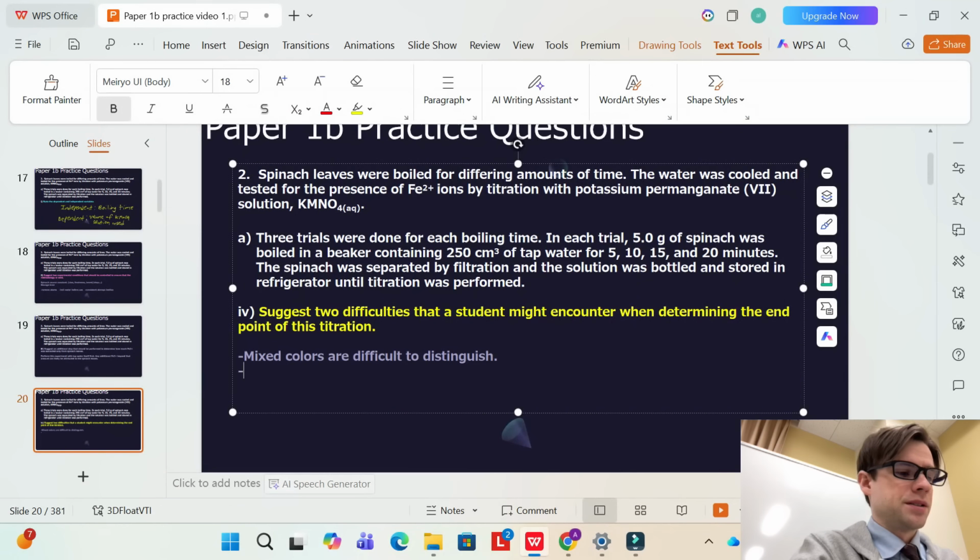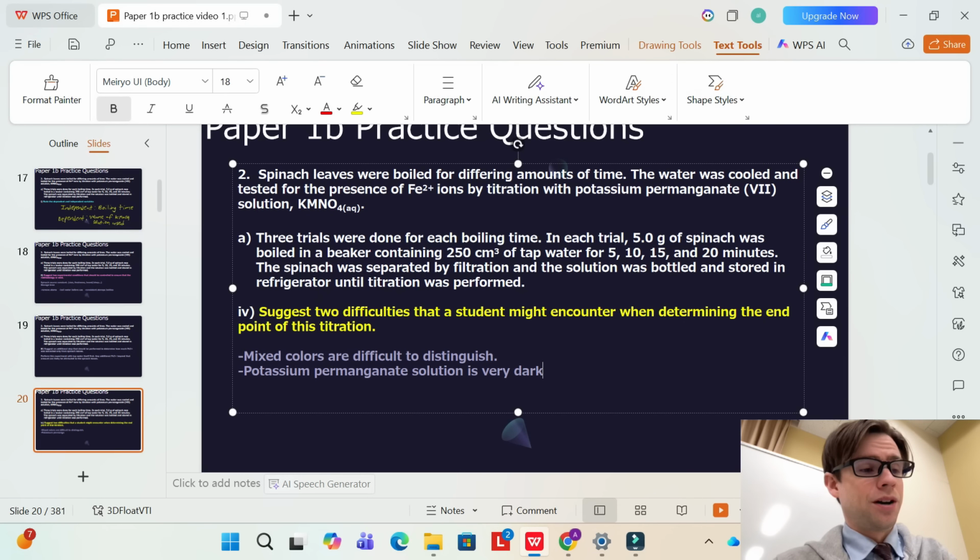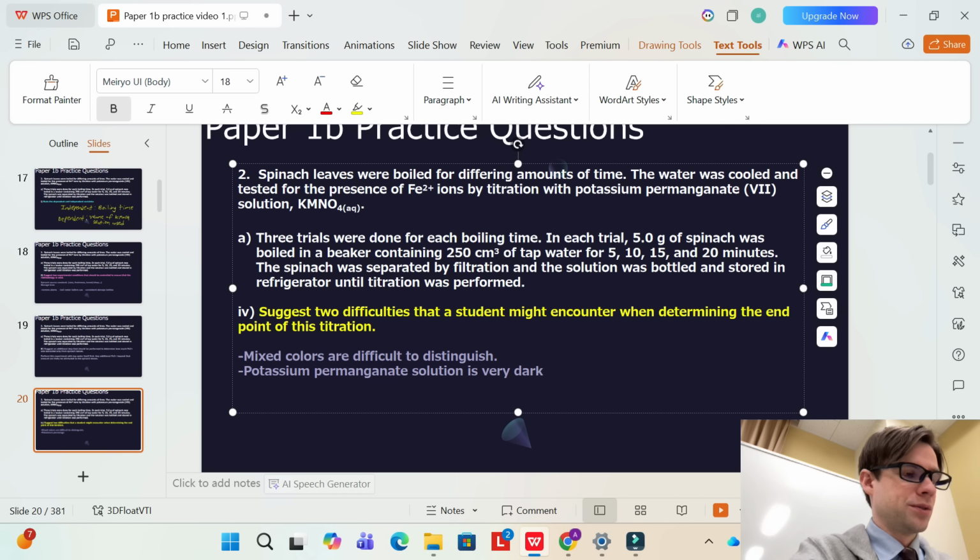So one of the main things is that potassium permanganate solution is very dark. This is just something you should start to be aware of. Permanganate is an oxidizer used in so many chemical reactions that it's very often used, and we'll have to use it with glassware. Because it's so dark, it makes the gradations or the lines on glassware difficult to read.